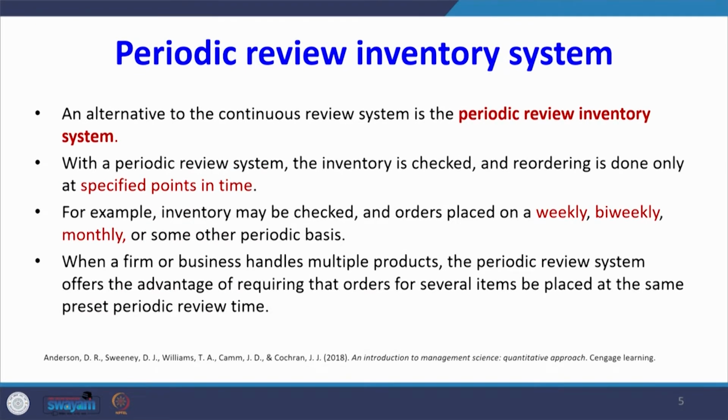Now we will see what this periodic review inventory system is. An alternative to the continuous review system is the periodic review inventory system. With a periodic review system, inventory is checked and reordering is done only at a specified point in time.